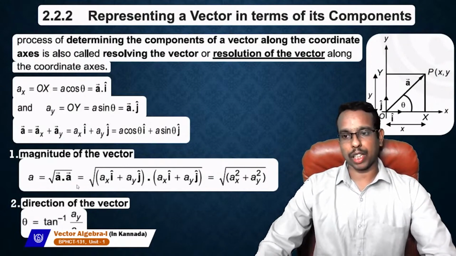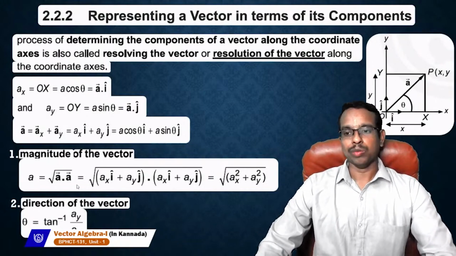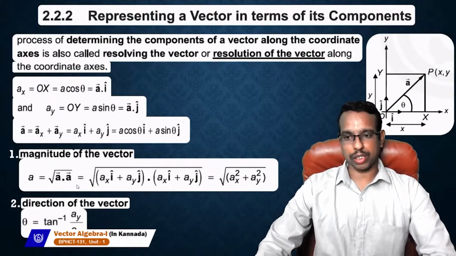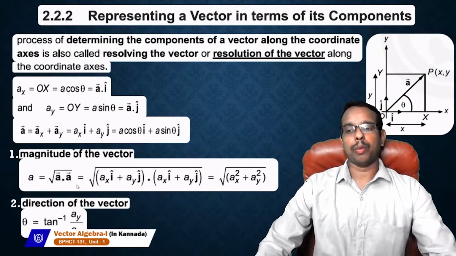Now you try to add both ax and ay. That means you are trying to find the resultant vector a, that is the component along the x-axis and the component along the y-axis. You are just splitting the vector a into its components.